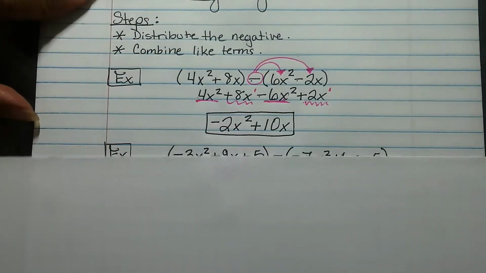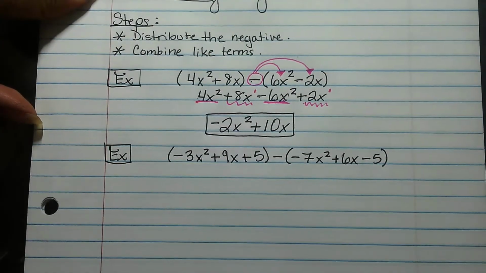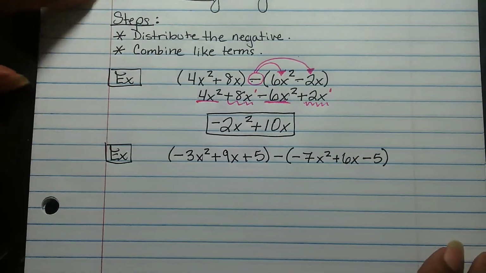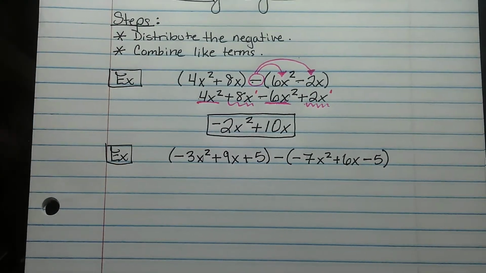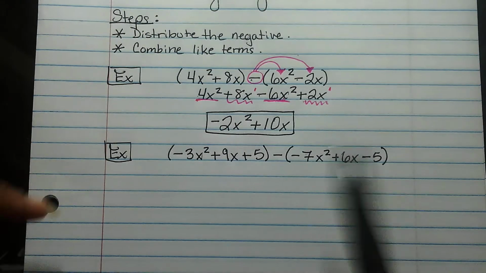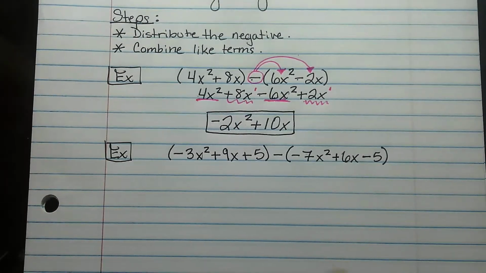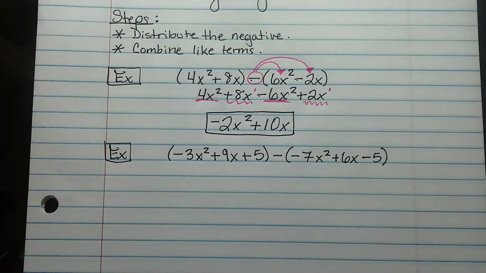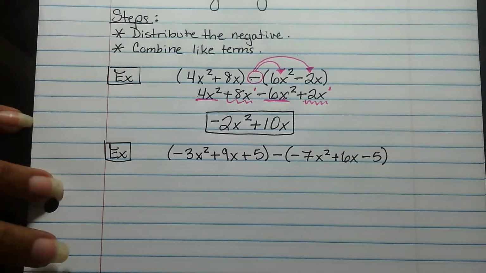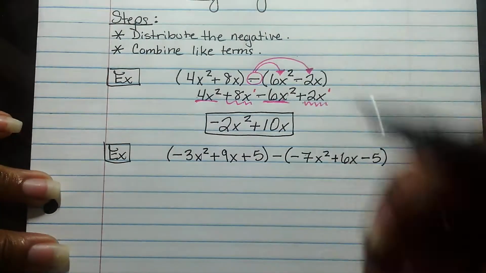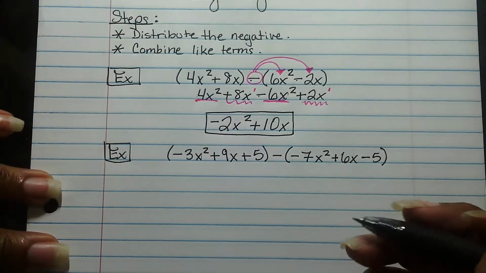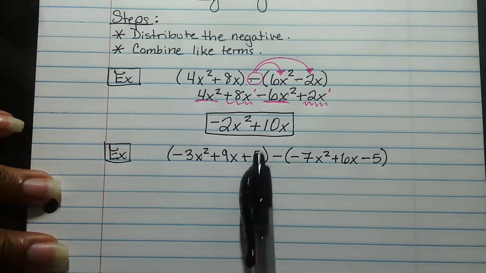Now, as another example, I have this one right here. Yes, I know it looks a little bit more than the one before, but we're going to follow the same steps and do it the exact same way. So, if you remember from the first example, you just look in between the parentheses.